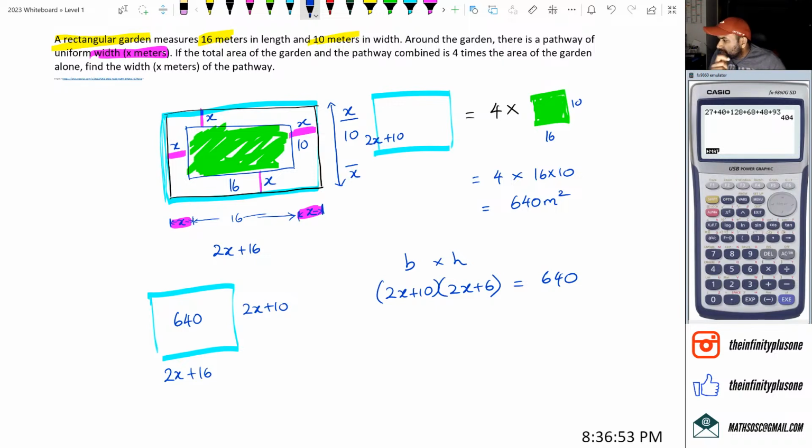No, it actually says the area of the garden plus the area of the pathway equals 4 times the area of the garden. Now, Chelsea, if you think about it like this, it talks about the area of the path. The path itself is just this. Maybe I should put in a different color. I'm going to choose yellow here for the path. So the yellow part is the path. It says the area of the path plus the area of the garden is 4 times the garden. No. We don't go let x be the area of the pathway, guys. X is not the area. X is actually the width.